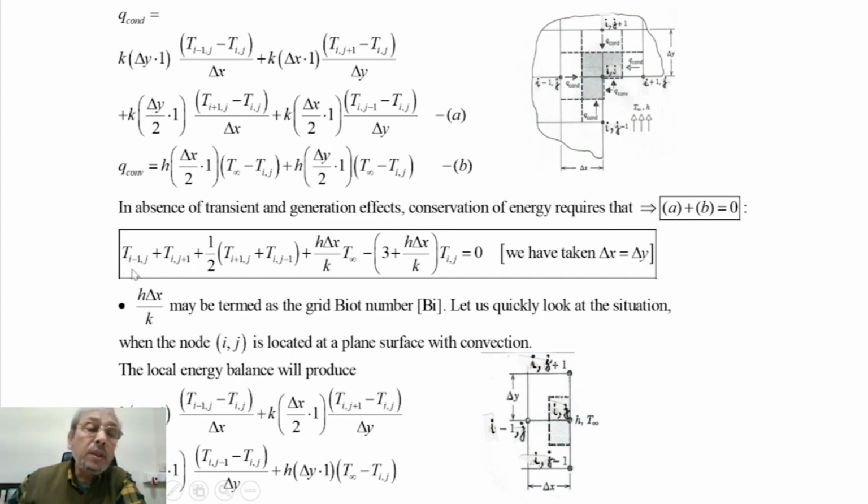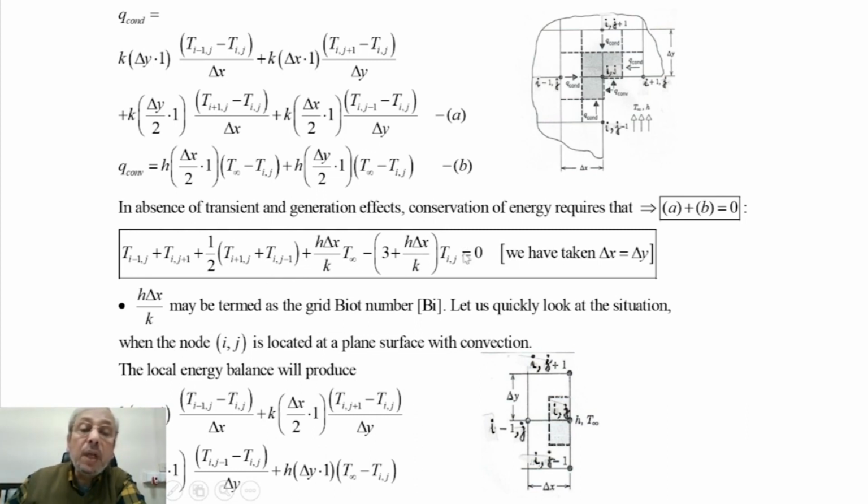So this is then Ti minus 1j plus Tij plus 1 plus half of Ti plus 1j plus Tij minus 1, this whole quantity by 2, plus H delta x by k into T infinity minus 3 plus H delta x by k into Tij.